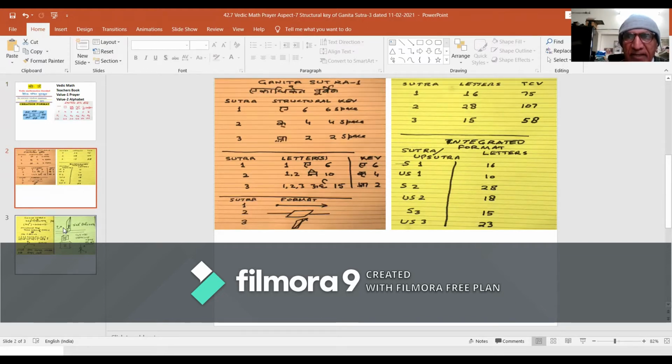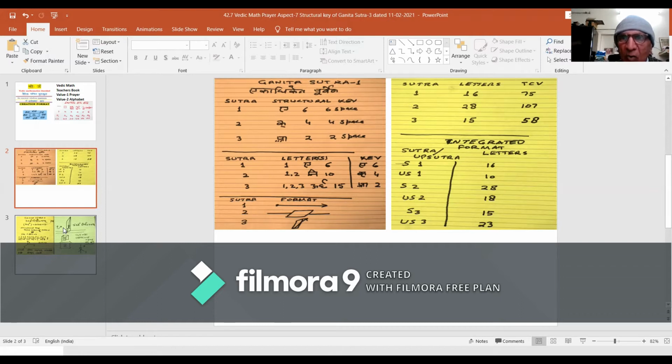However, it is relevant to note that the value range 1 to 16 has 29 factors. Value 29 is parallel with 16 plus 13, and that way the factors of this range will be availed for a chase of the structural keys of Ganita Sutras 1 to 13.